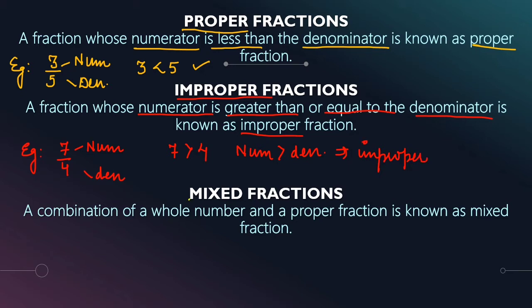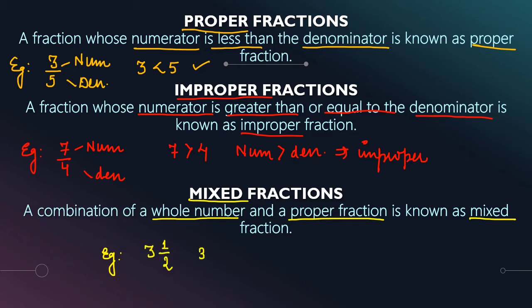Next type of fraction is mixed fraction. A combination of a whole number and a proper fraction is known as mixed fraction. When we write any fraction in a combination of a whole number and a proper fraction, for example, 3 whole 1 by 2.